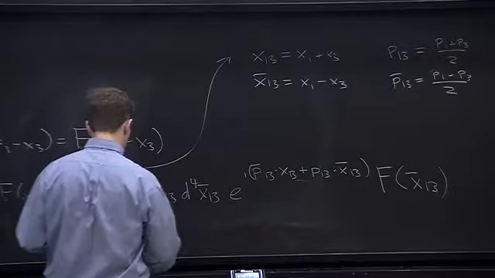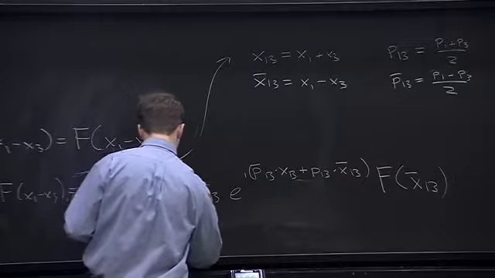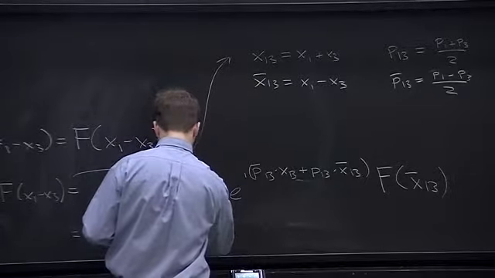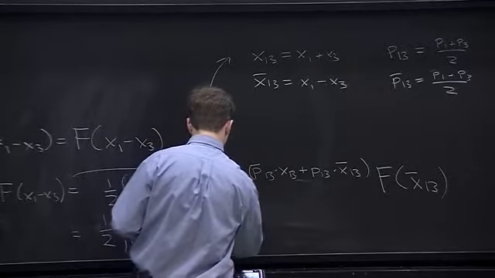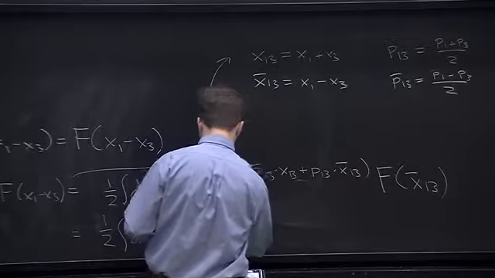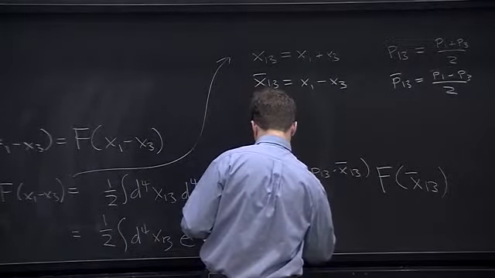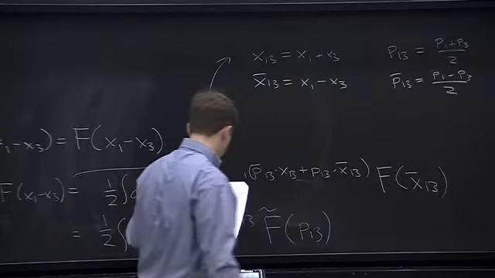If we do this integral, we just get this. We're still left with e to the i p bar 13·x13. Now we've got the Fourier transform of F, which now depends on p13.